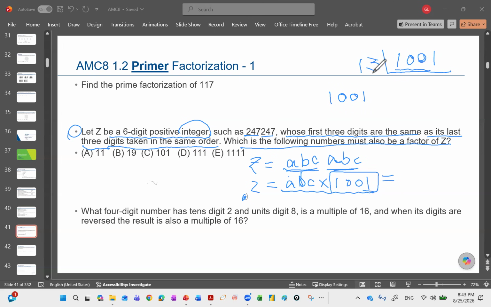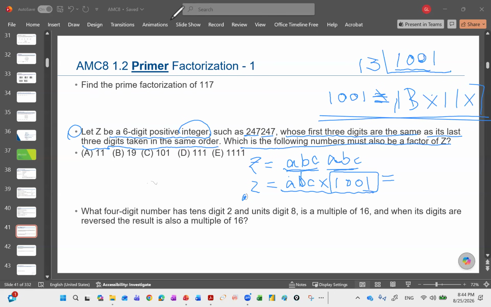So 91 is 13 times 7. This one can be divided by 11, right? And 7. Is it correct?